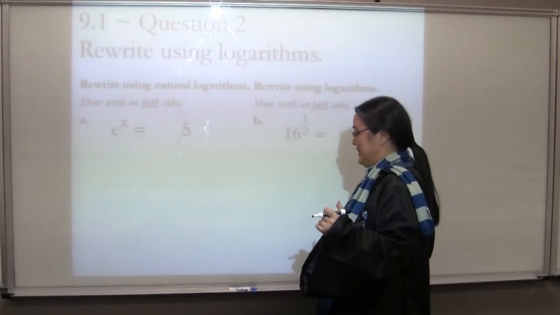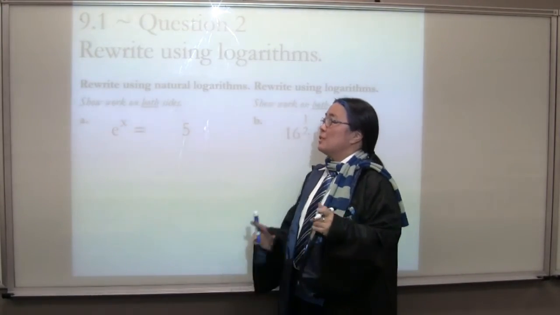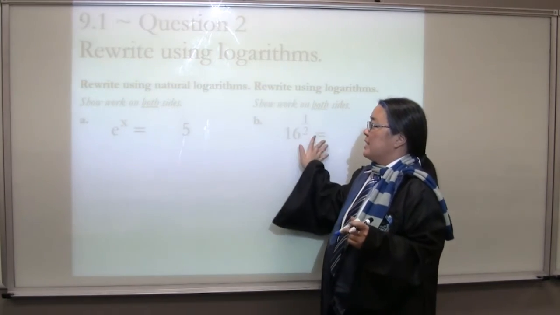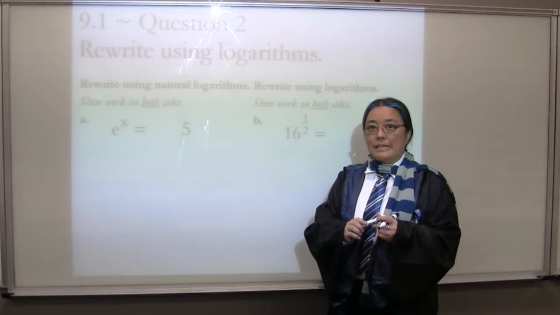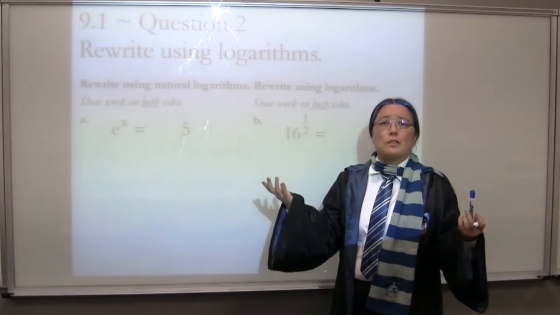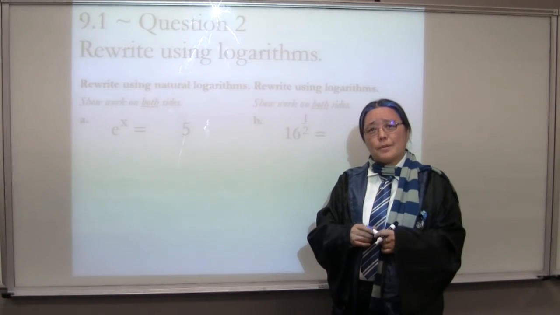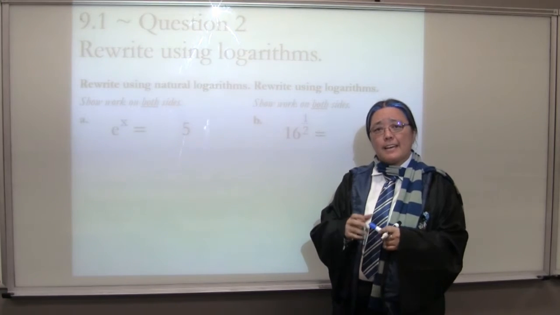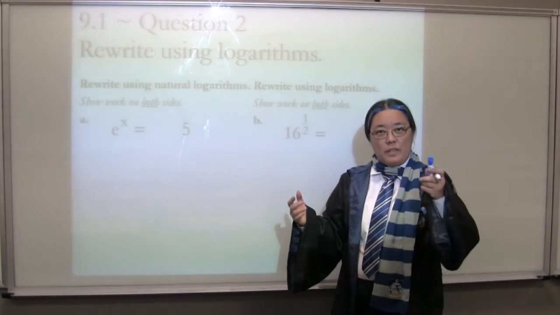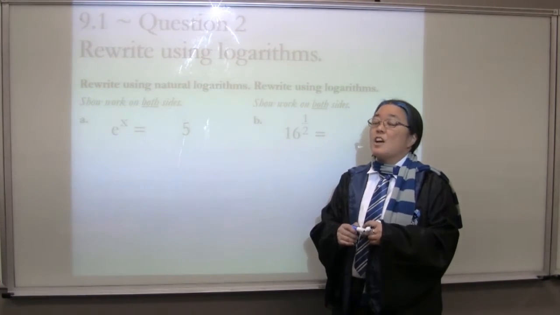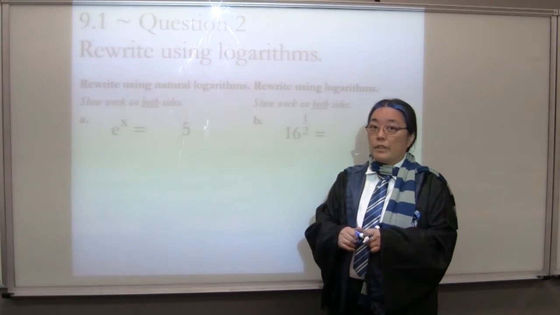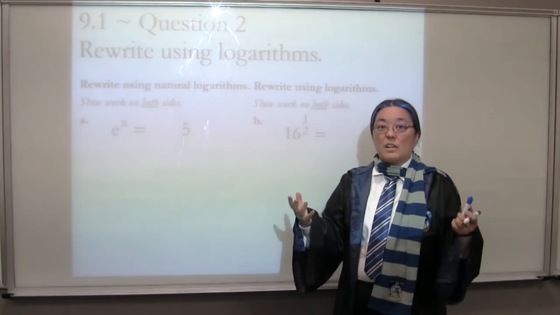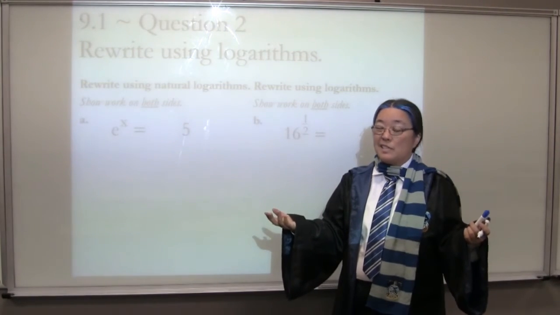Chapter 9, Day 1, Question 2. We're going to rewrite equations using logarithms. Now, what is a logarithm? A logarithm is something that's new this chapter. And in 121, your college math class, you're going to be learning how to graph those. If you want, you can already start graphing them now so that you can get a concept of what exactly a logarithm is.